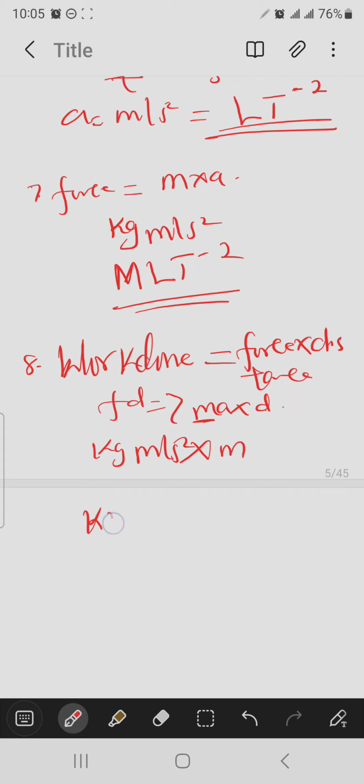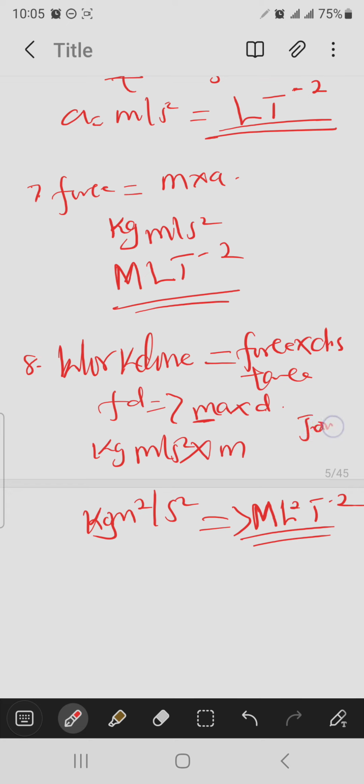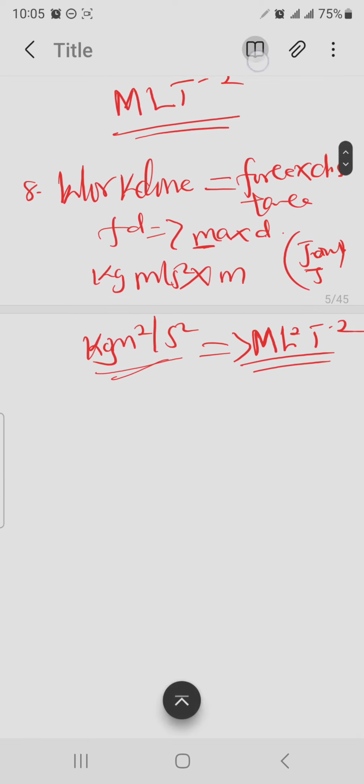So we now have kilogram meter square per second square. So dimensionality for kilogram is going to be capital letter M. For meter square it is going to be L square. For second square per second square it is going to be T raised to minus 2. So this is going to be the dimensionality for work done. And you know the unit of work done is what? Joule, which is J or this. They are the same thing. I hope you understand it.